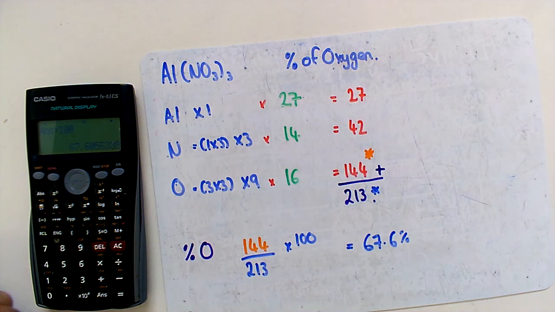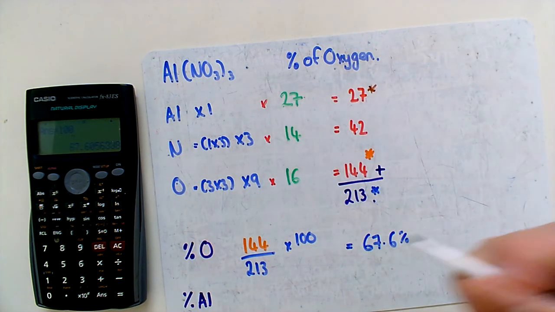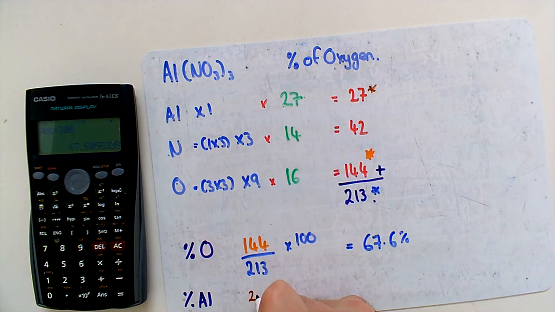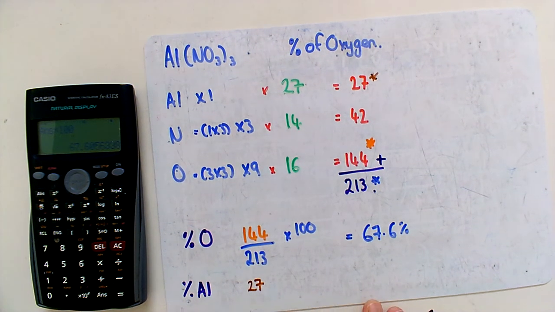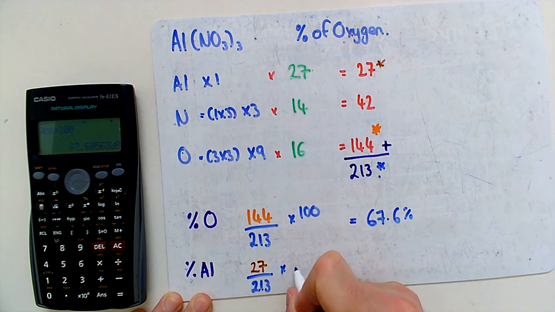If I wanted to do percentage aluminium, well, what I would be doing in that case is that's going to be my top number, so it's going to be 27, but the bottom's not going to change, it's still going to be divided by 213, multiplied by 100.